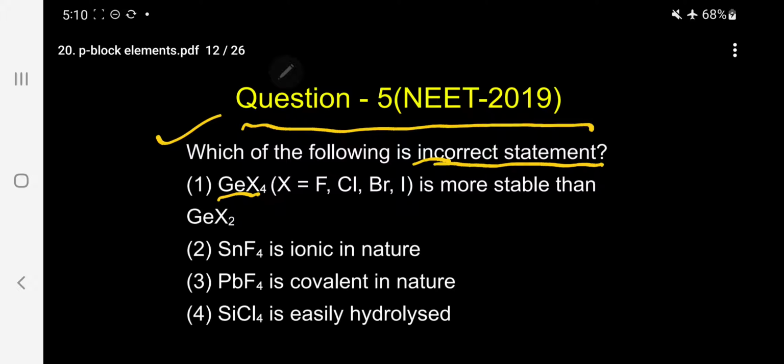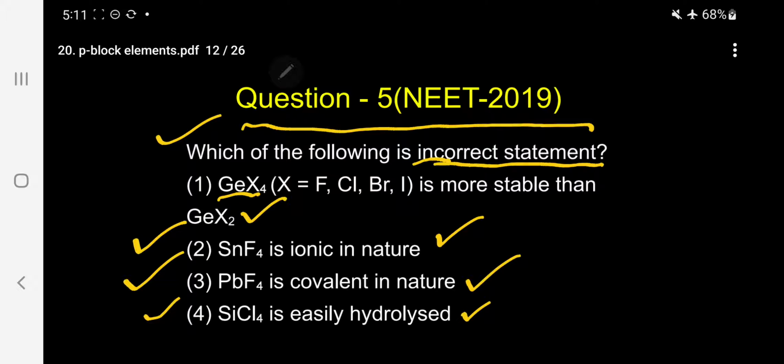GeX4, germanium X4, where X may be fluorine, chlorine, bromine, iodine, is more stable than GeX2. Number 2, SnF4 is ionic in nature. 3, PbF4 is covalent in nature. 4, silicon tetrachloride is easily hydrolyzed.